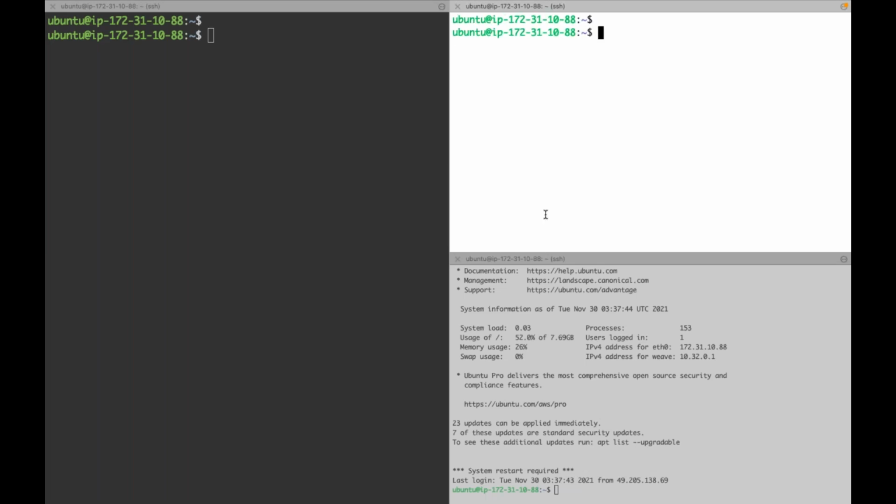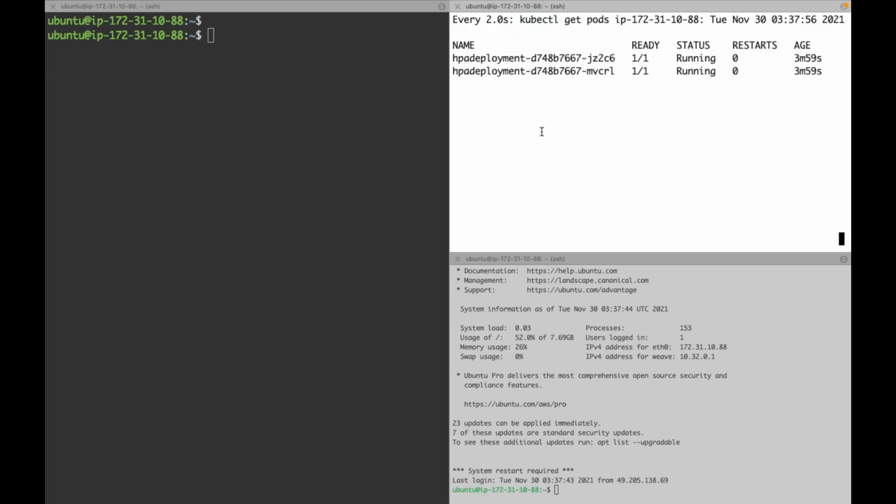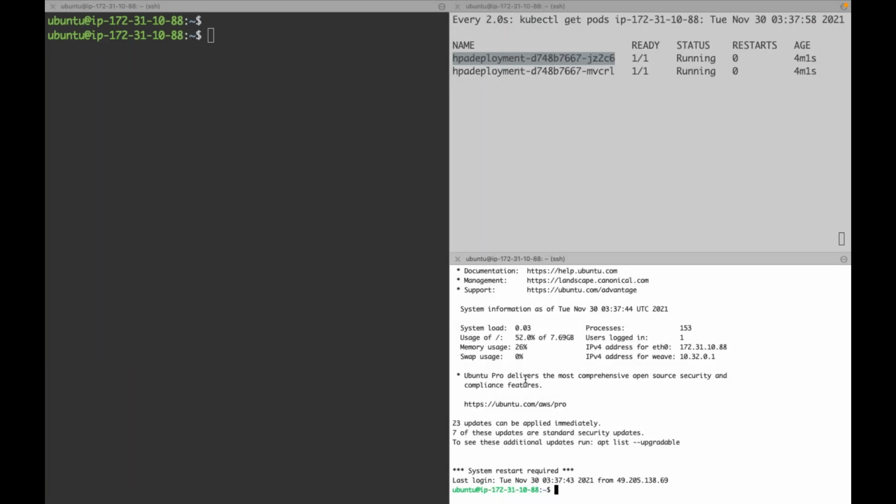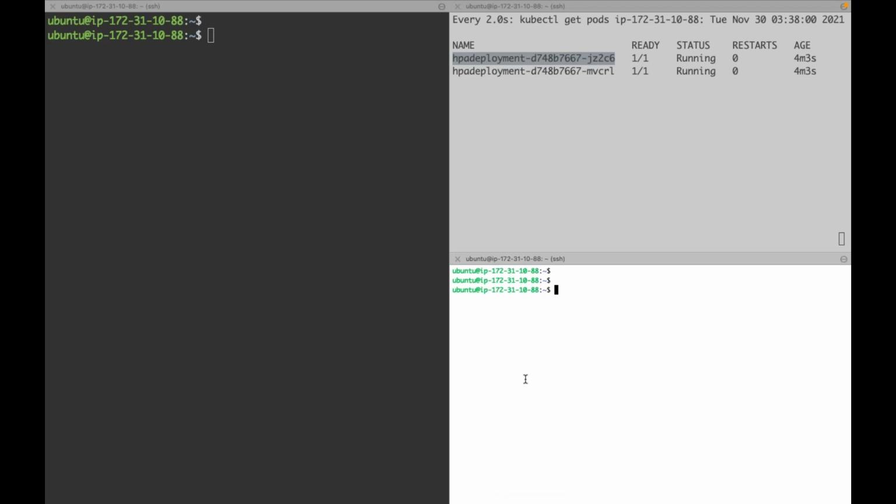Here, let me watch kubectl get pods. As of now, how many pods do we have? As of now, 2 pods.